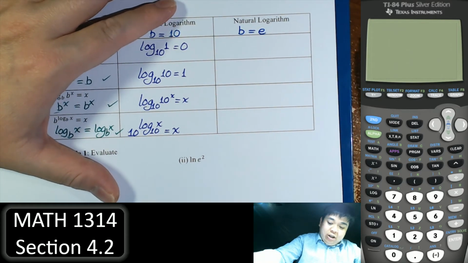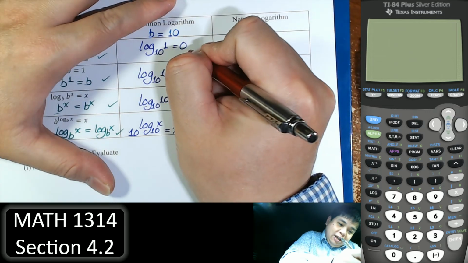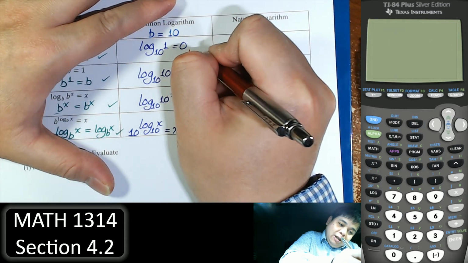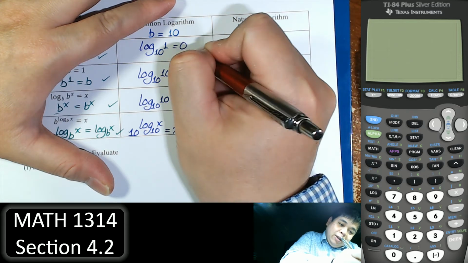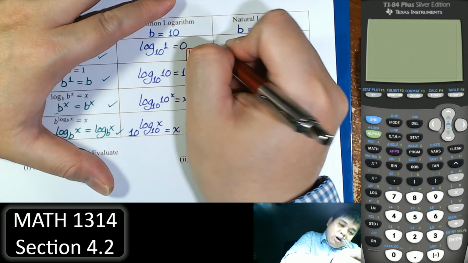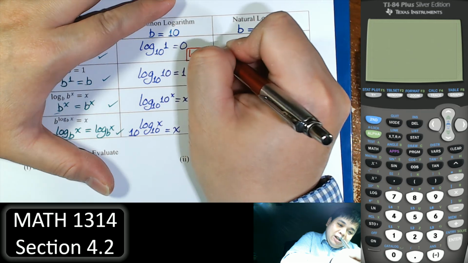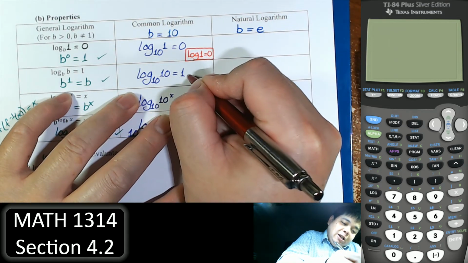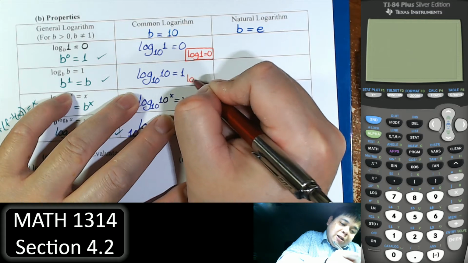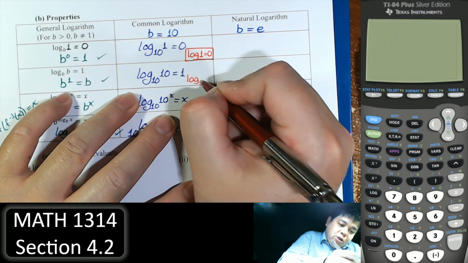So it actually should be, this is a common log, so we do not need to write the base 10. Right. Again, no need to write the base 10.